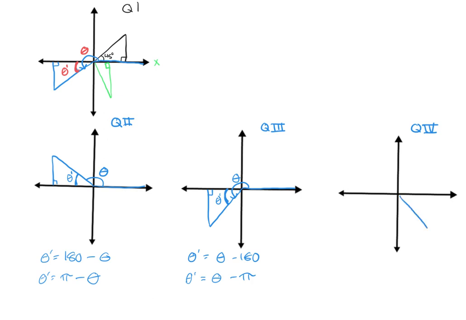And then if I have an angle in quadrant 4, here I have theta, and if I draw this right triangle, this would be my reference angle, theta prime, and to find that, we will do 360 minus theta, or 2 pi minus theta.